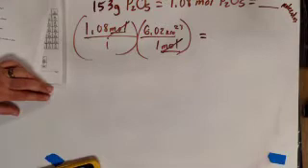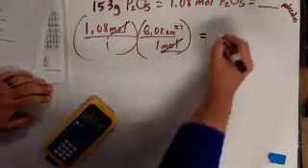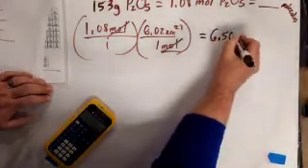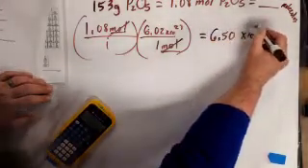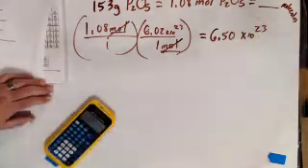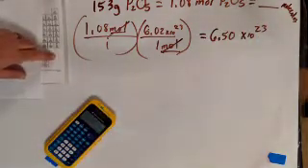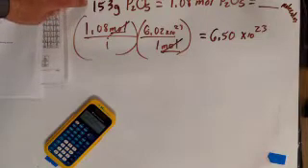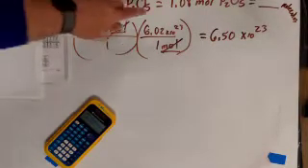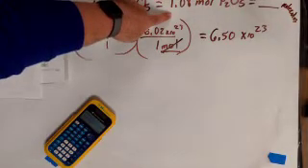1.08 times 6.02. That gives me 6.50 times 10 to the 23rd. Okay? So if you have 153 grams of diphosphorus pentoxide, that will be equal to 1.08 moles of diphosphorus pentoxide.